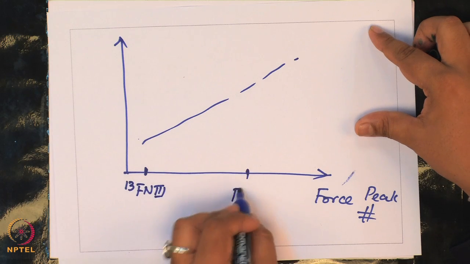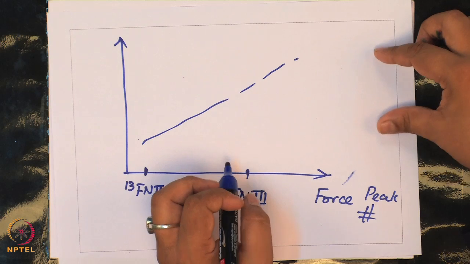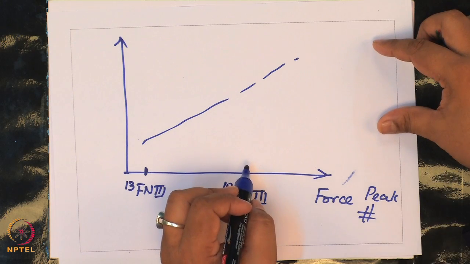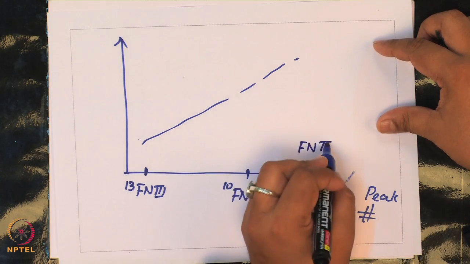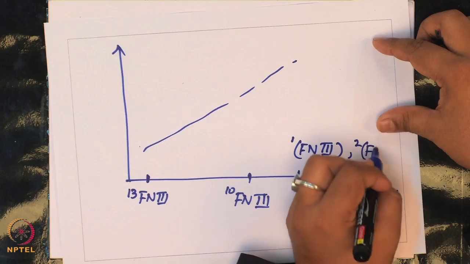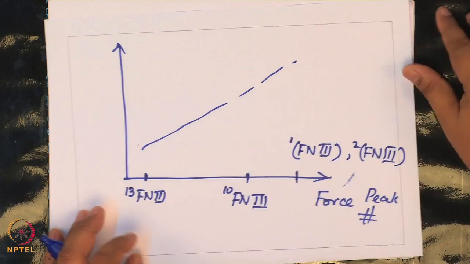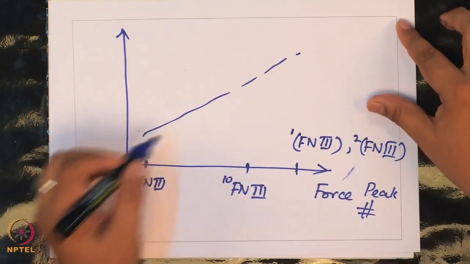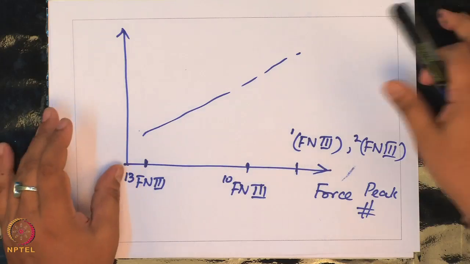Your Fn 10, which contains the RGD sequence, has some intermediate force, and among the highest forces are domain 1 and domain 2. Okay. So, these are among the highest forces. So, what you see is a great increase in the amount of unfolding force, and forces regulate the downstream signaling cascade as well as the effective elasticity of the protein.